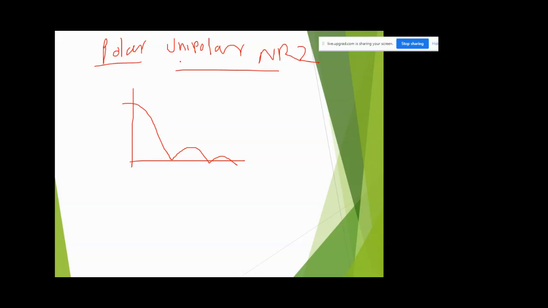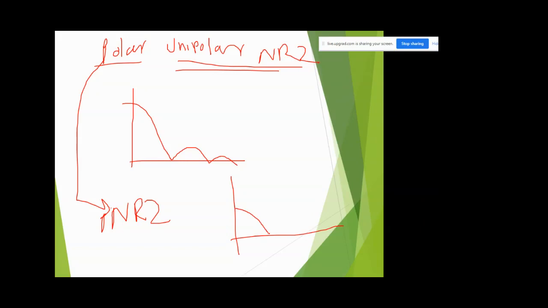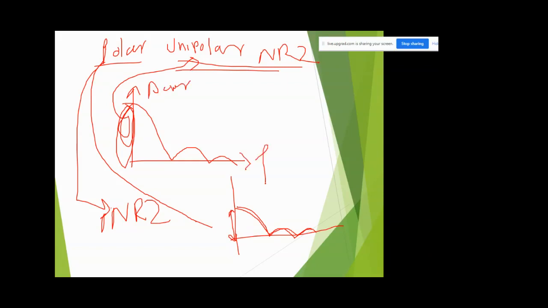For unipolar NRZ we get this pattern, but for polar NRZ the pattern is like this. The power is maximum in unipolar NRZ, whereas in polar NRZ the power is less. The pattern is the same, but the power level is different. On the y-axis there is the power, and on the x-axis there is the frequency. So in unipolar the power level and density are high, whereas in polar NRZ the density is low.